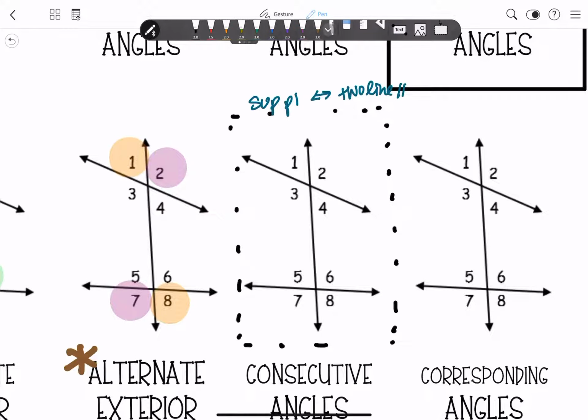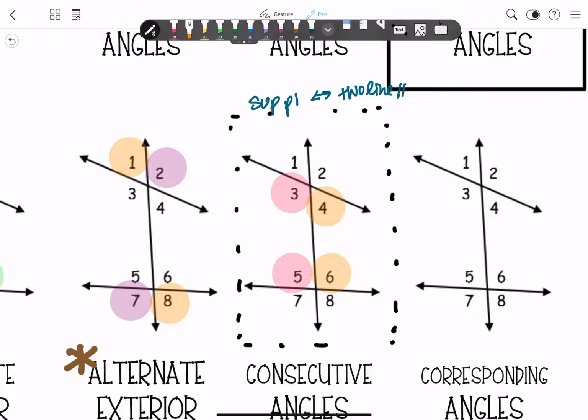All right, so let's talk about our consecutive interior ones first. The interior ones are going to be 3 and 5, and that pair is going to be supplementary if those two lines are parallel. You've also got our 4 and 6. These are our other interior ones.